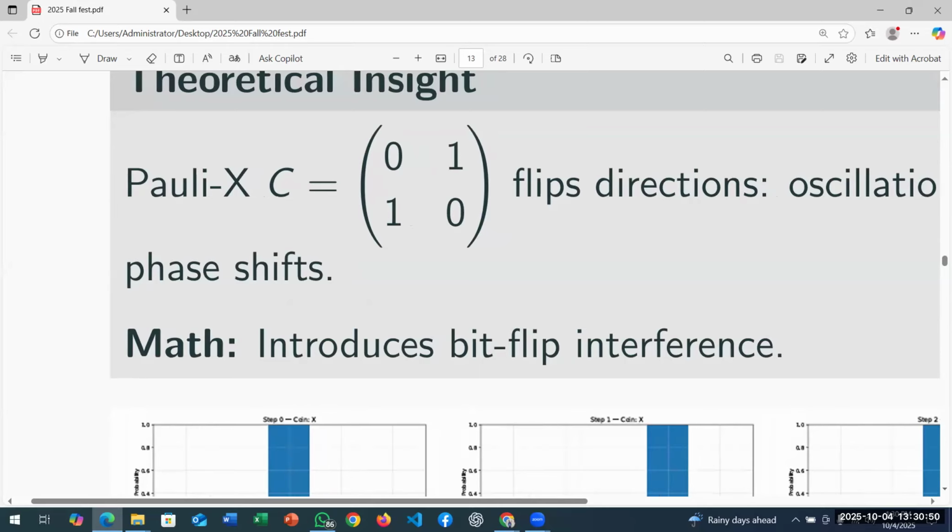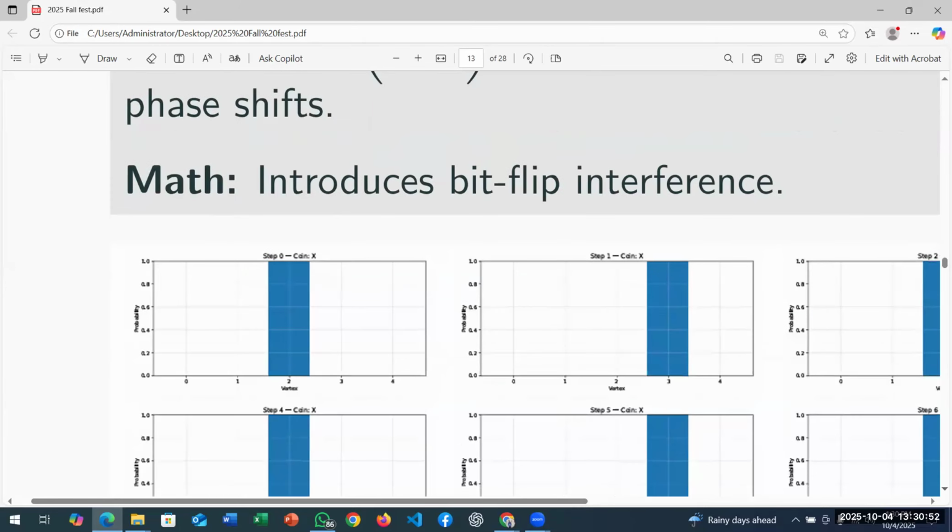But look at this now. It flips the direction from 2 to 3, instead of 2 going to 1, like the way we saw it for the identity. It actually did otherwise: 2, 3, 4, and like that.